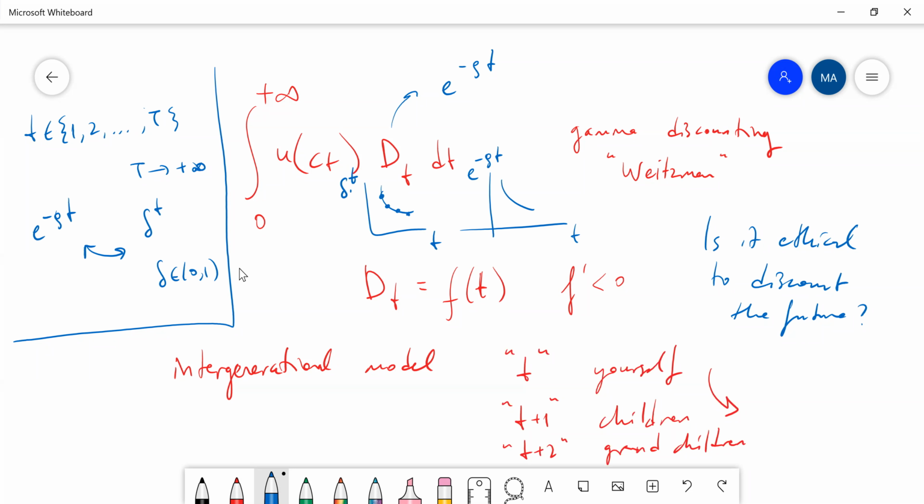How same? If delta is equal to 1 over 1 plus rho, because 1 plus rho becomes the gross rate. I will show you the proof when we go into the discrete time problem, but this is one type of discounting that is particularly common in a large portion of the literature. That's the reason we are using that.